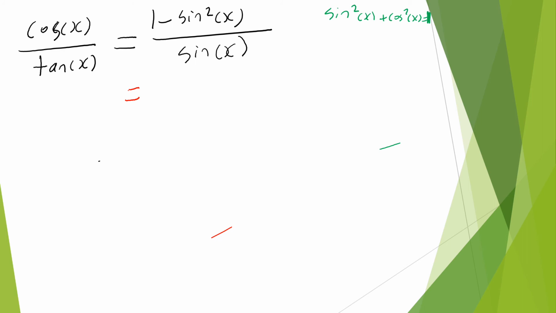Okay, so I'm going to replace that. Instead of sine squared, I'm going to write 1 minus cosine square x over sine x. So now I can expand and simplify.